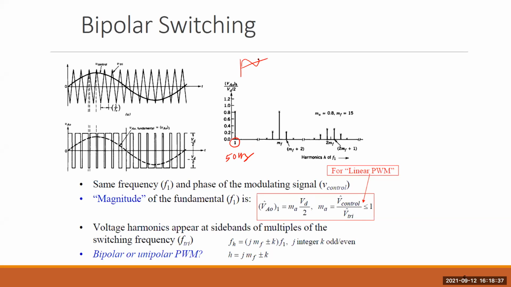And then you don't have low frequency harmonics at all, like 100 hertz, 150 hertz, second order, third order. You don't have those. Directly you are moving towards the switching frequency harmonics. This is basically Fs.